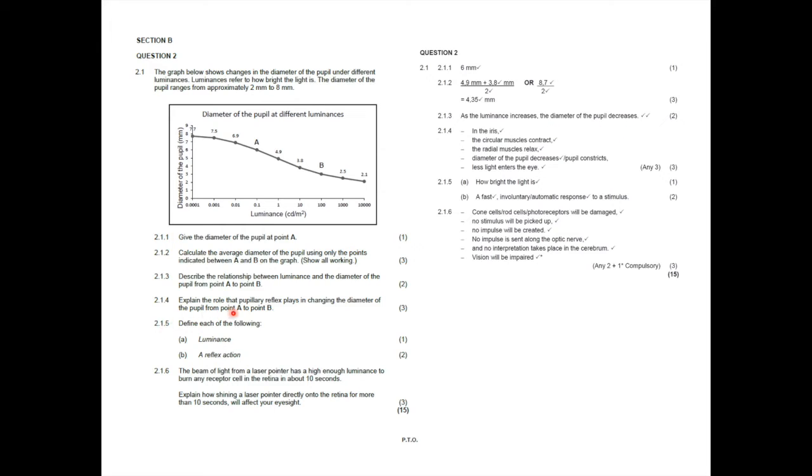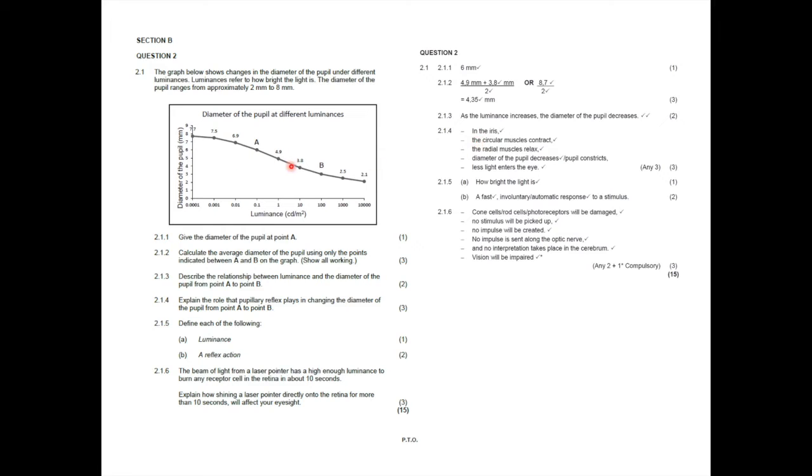2.1.4. Explain the role that the pupillary reflex plays in changing the diameter of the pupil from point A to B. So they are asking you what causes this change. Now, of course, we know it is the iris that controls the pupil size.